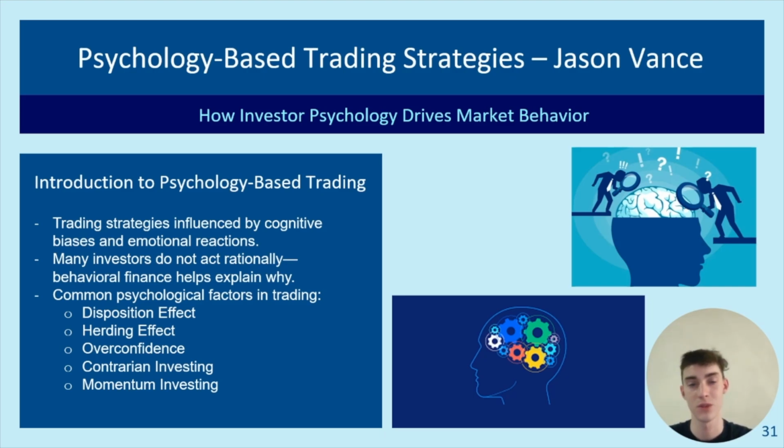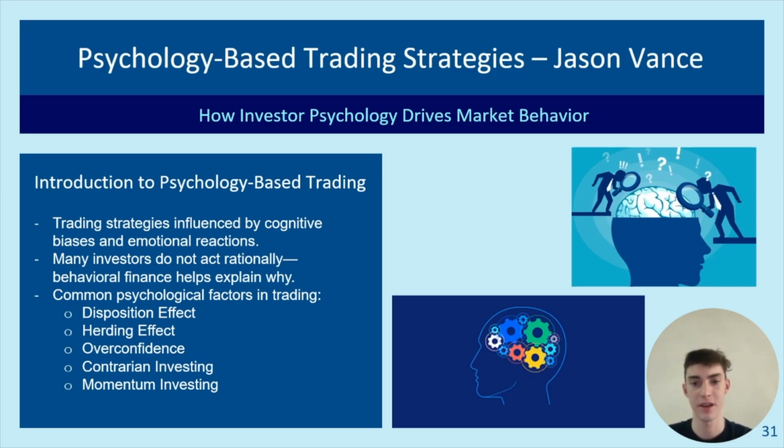The herding effect, which is following the crowd, creating bubbles and crashes. Overconfidence and excessive trading, which is trading too much due to displaced confidence. Fourth, we have contrarian investing, which is going against the crowd to find mispriced assets. And momentum investing, betting that past price trends will continue.